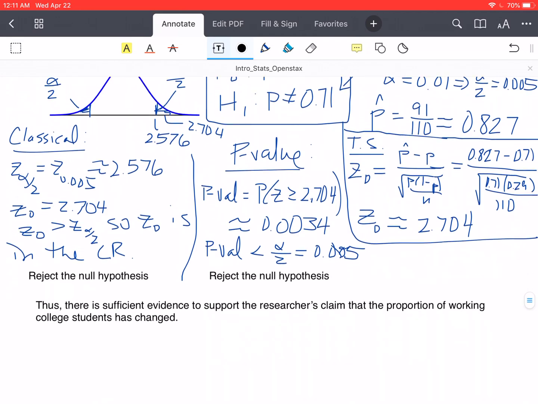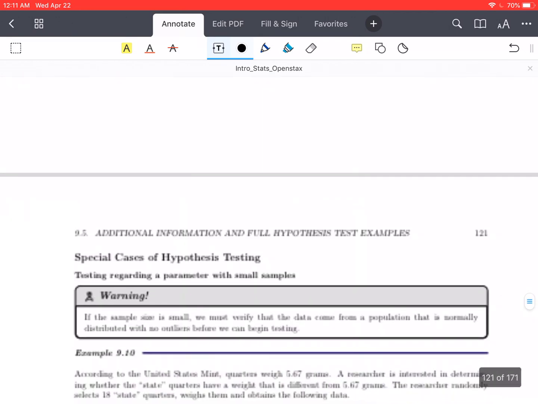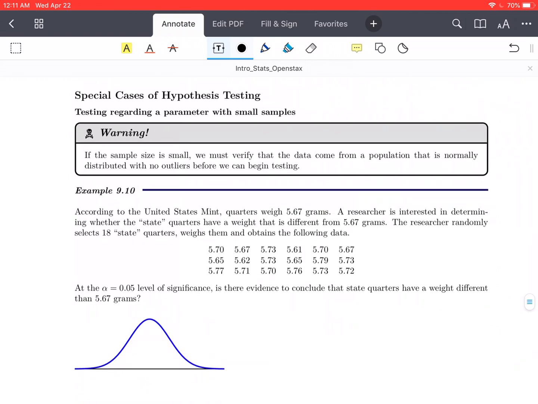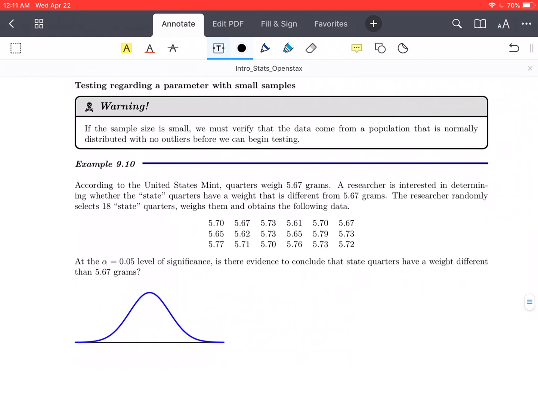Okay. So let's look here. We have special cases for hypothesis testing, so we're just going to go through these a little bit quickly. If we have a sample size that is too small, we need to verify that the data come from a population that is normally distributed with no outliers before we can begin testing.